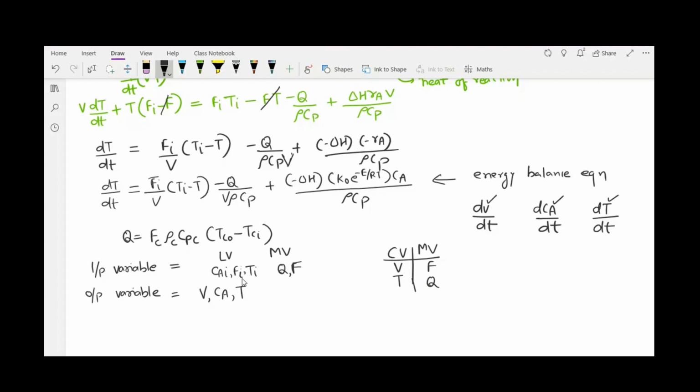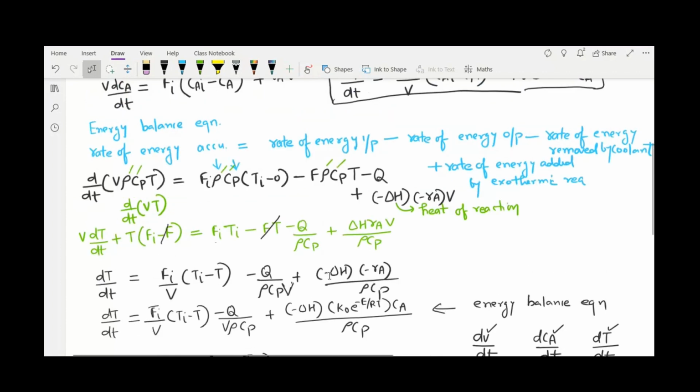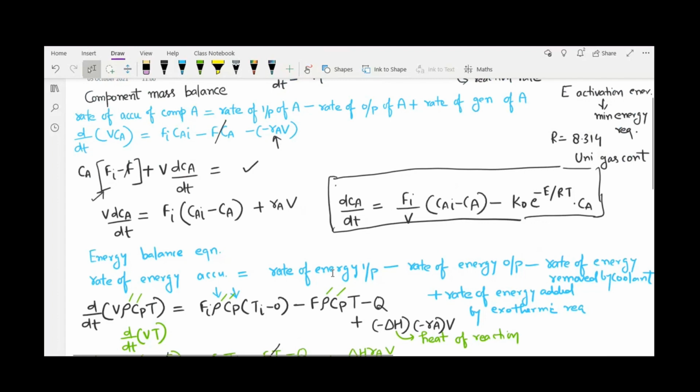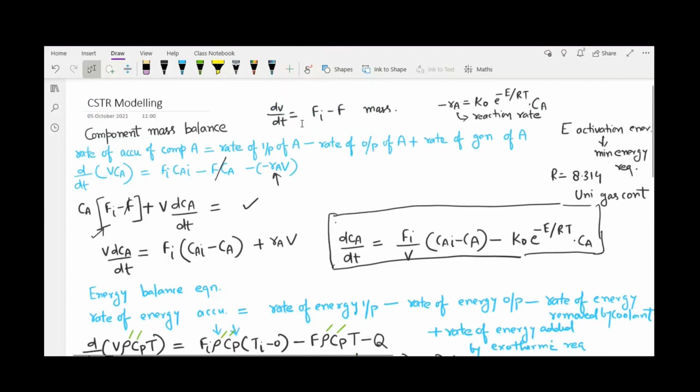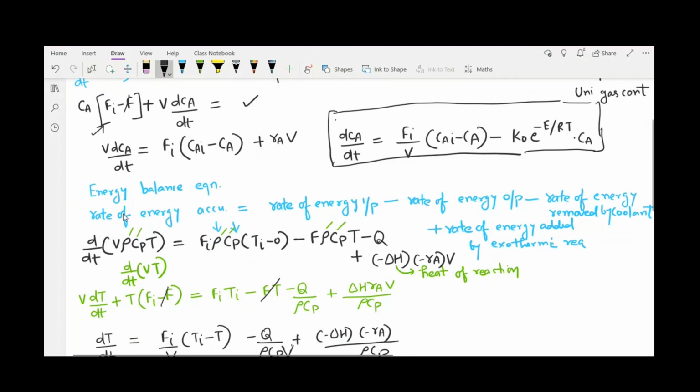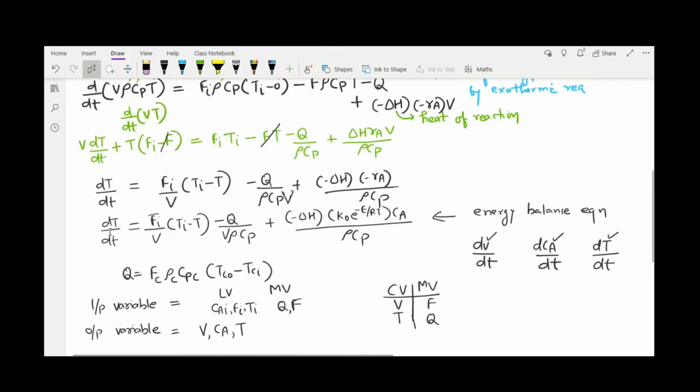Okay, so these are the three equations of CSTR, the continuous stirred tank reactor. The mass balance is very simple, dV by dt equals Fi minus F. Then we have the component mass balance, and then this energy balance equation. All these three equations we will be using in some of the topics.